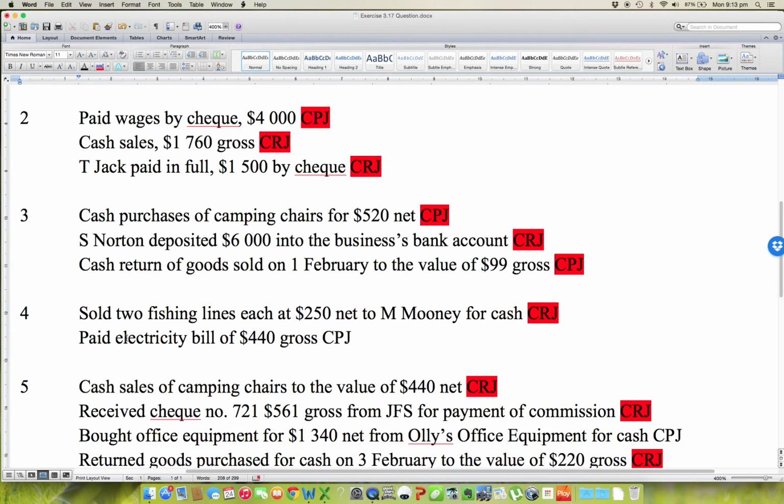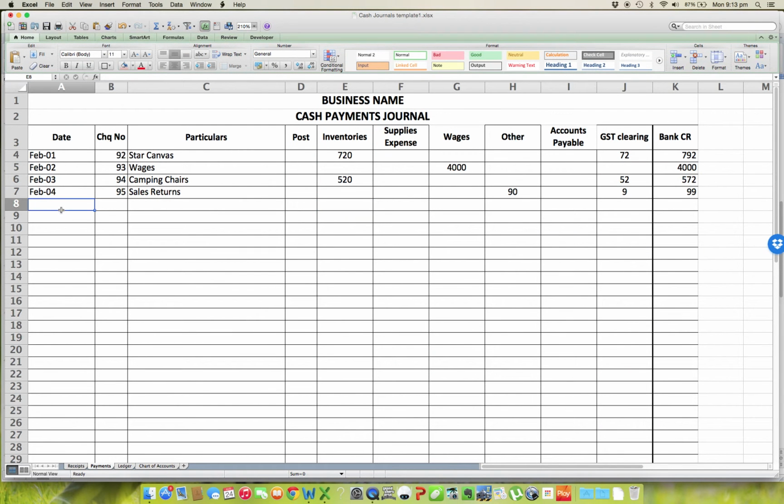Next transaction we've got, we paid the electricity bill for $440 gross. So I'll pop that straight in there. It's gross, so it means the GST is already attached to that figure, so we'll need to take it away. And this one again happened on February the 4th. Electricity.